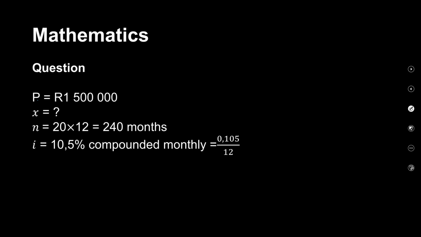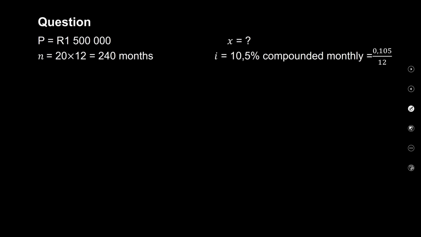And then the interest is 0.105 divided by 12. Now, my formula, you know, this will be P is equal to X into 1 minus 1 plus I to the exponent of minus n, all of this divided by I. Now, some people prefer making X the subject of the formula. It is entirely up to you. So we will do that so that we can just press everything on the calculator.